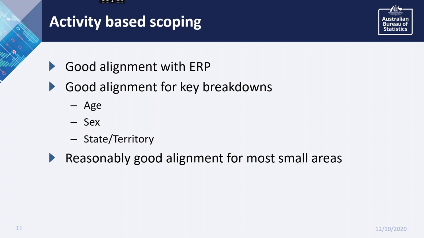Now, there are some exceptions to that. Northern Territory, in particular, is one where our admin data is more difficult to match to ERP. But generally speaking, we're finding very promising results with this activity-based approach.